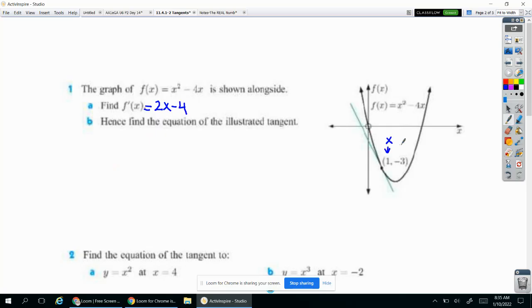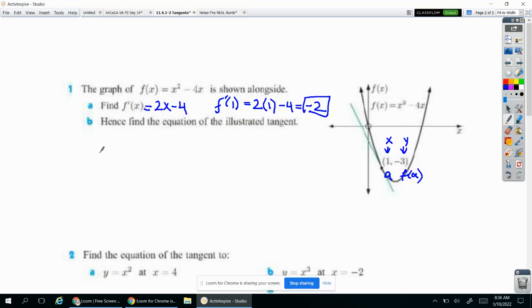So this is our x value, and this is our y value. Or you can think of this as a, and this is f of a. So then what we need to do first is evaluate this derivative at 1. That's our x coordinate. f prime of 1 equals 2, plug in 1 for x, minus 4. So that's negative 2.